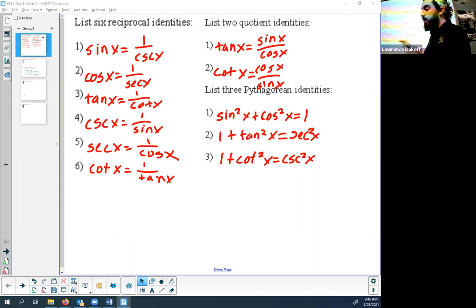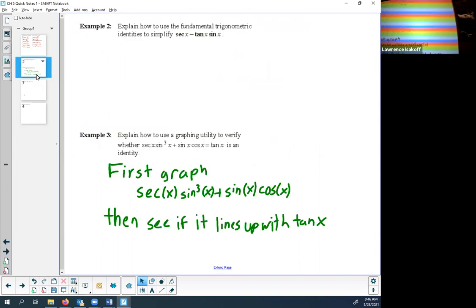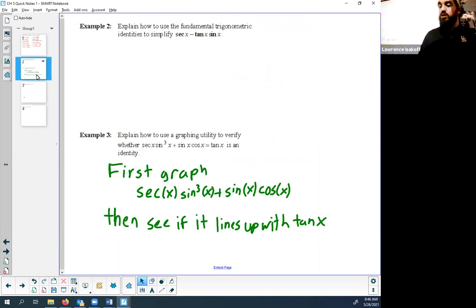So having these memorized is great, but a lot of places will give you a cheat sheet for that. So let's see how to deal with this.